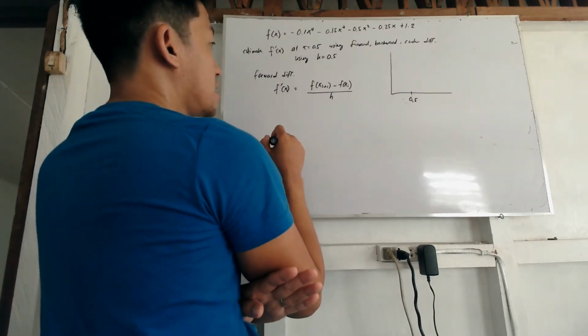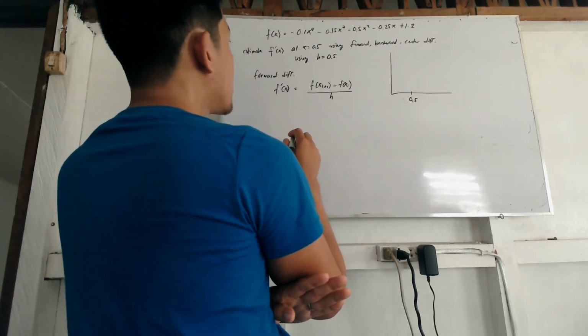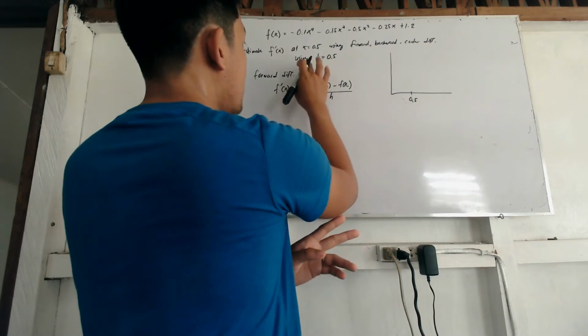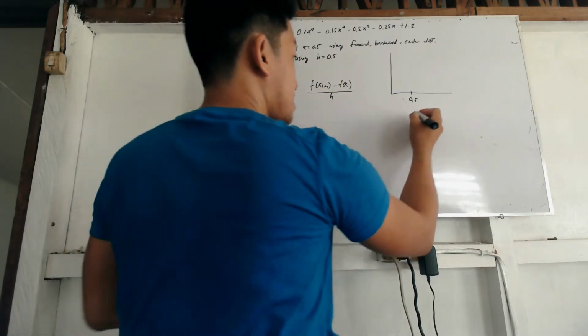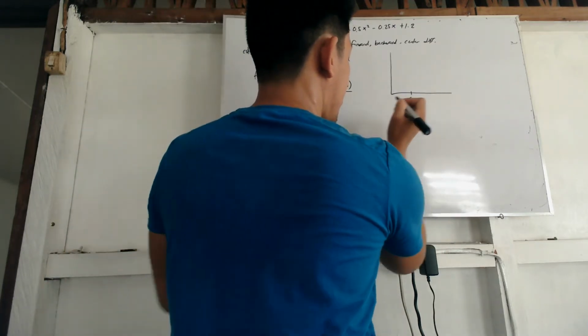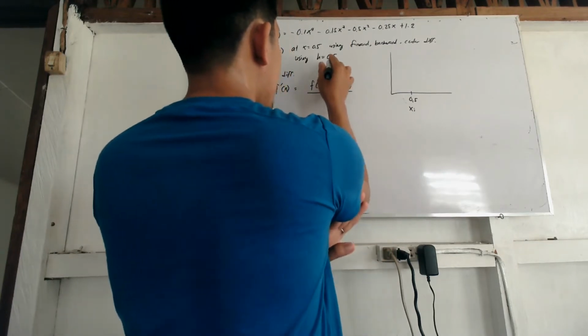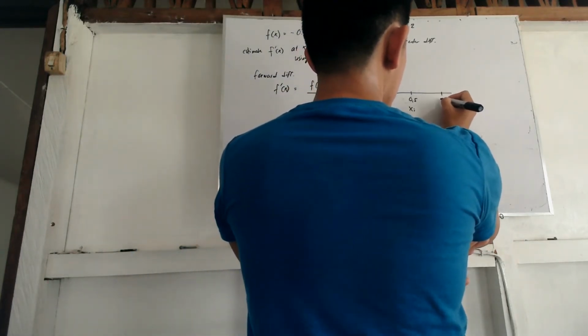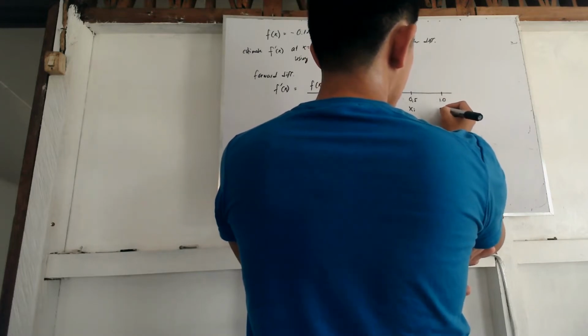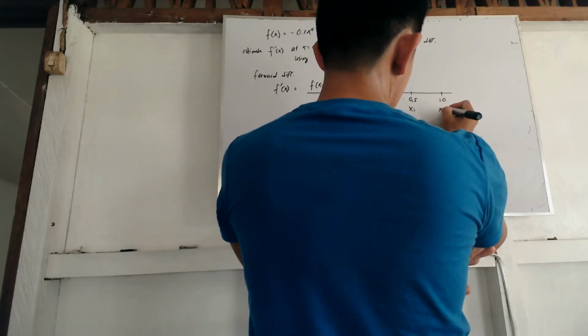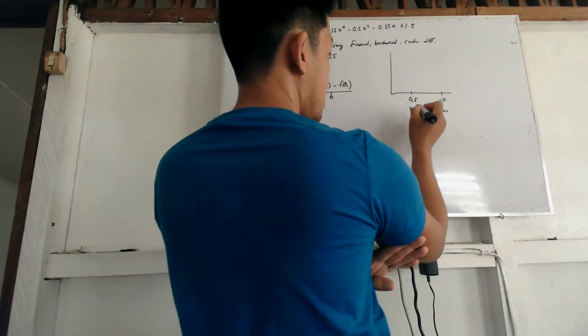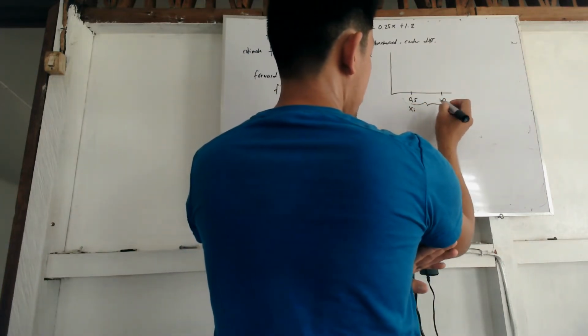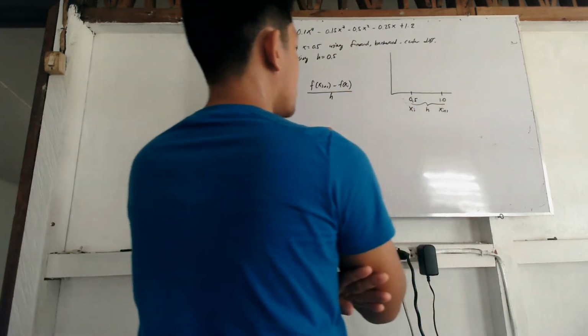Okay, therefore, this is your x sub i, and your step size is 0.5, so therefore this is 1.0. Okay, because the difference between these two is your h.